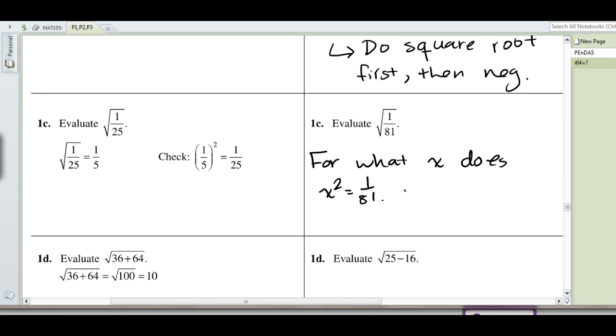We would say x equals 1 over 9, since when we multiply fractions, 1 over 9 times 1 over 9, we just multiply straight across, and you'd have 1 on top and 9 squared on the bottom, which is equal to 1 over 81. So the square root of 1 over 81 is equal to 1 over 9. That would be your answer.